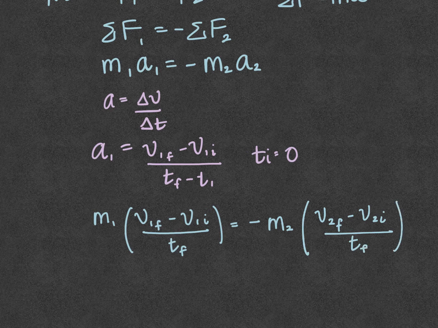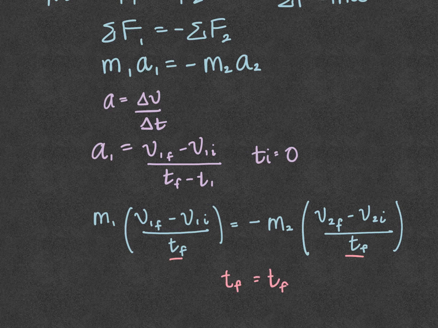Now these objects are in contact with each other for the same amount of time. 1 can't touch 2 for a different amount of time than 2 touches 1. So that means that t final is equal to t final.